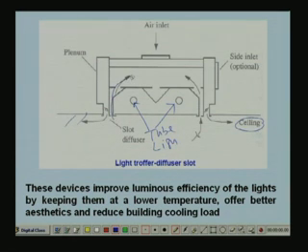That means return air goes like this, back to the air handling unit, and they also have supply air diffusers. That means the supply air comes like this. So the same unit combines the light trougher, where the fluorescent tubes are located, and it also consists of supply air diffuser and the return air slots. This kind of unit is called light trougher diffuser slot.